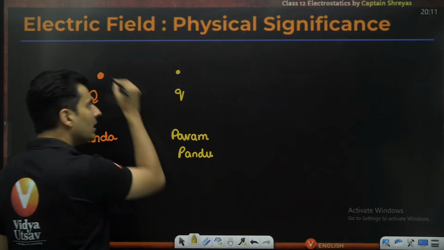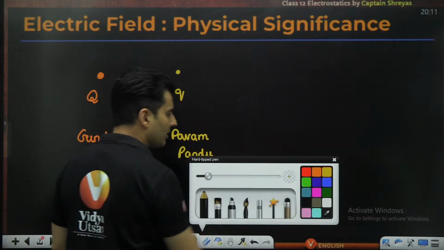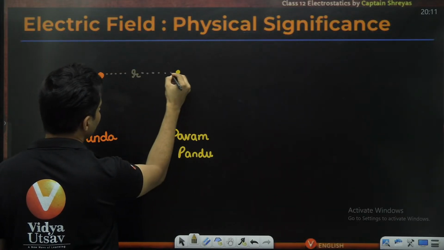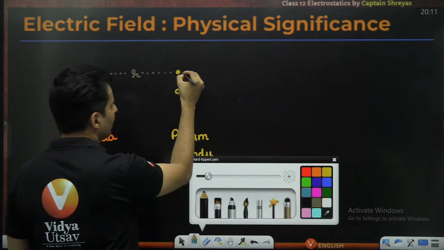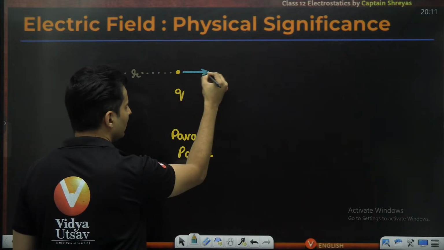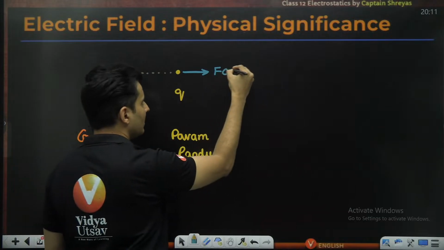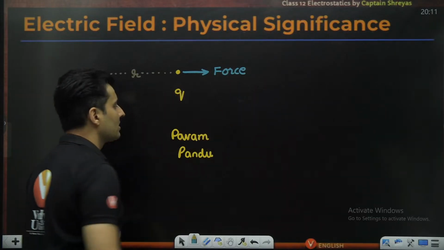If they are in the vicinity of each other, at some distance r, 100% there will be a force on this Pavam Pandu.